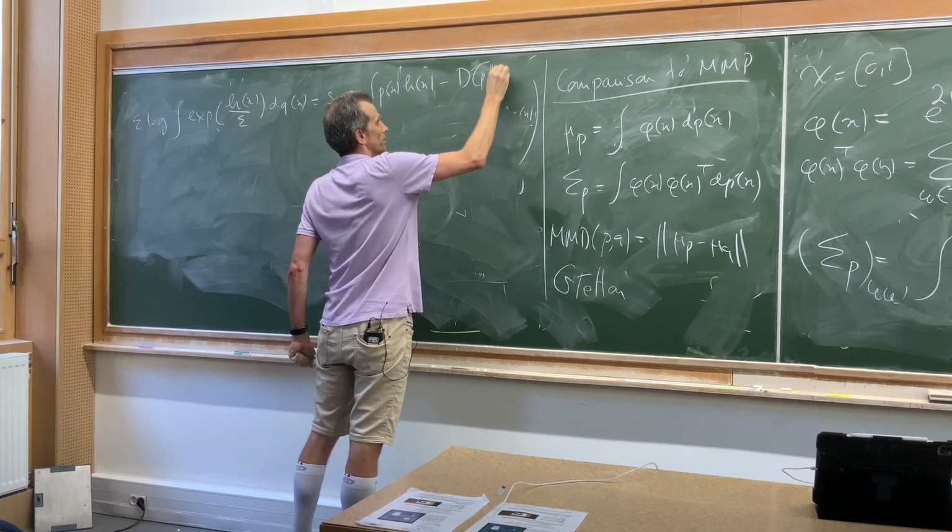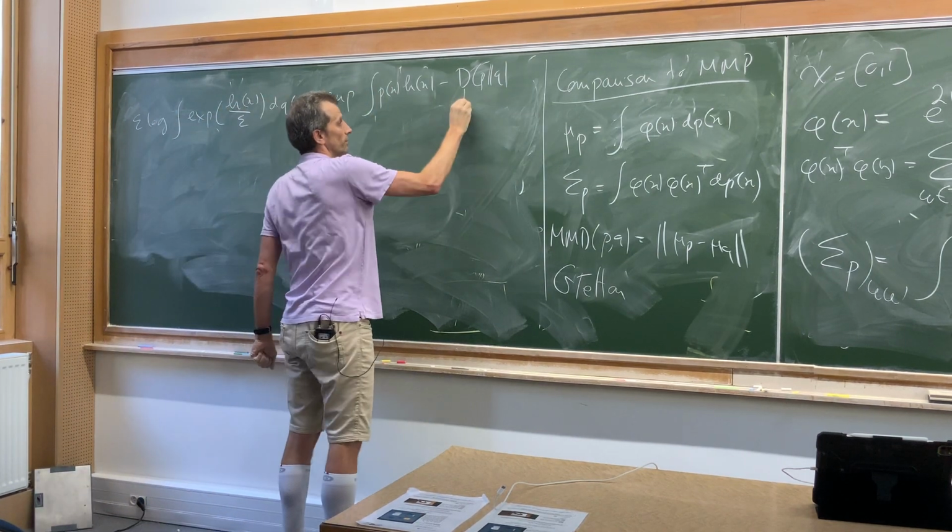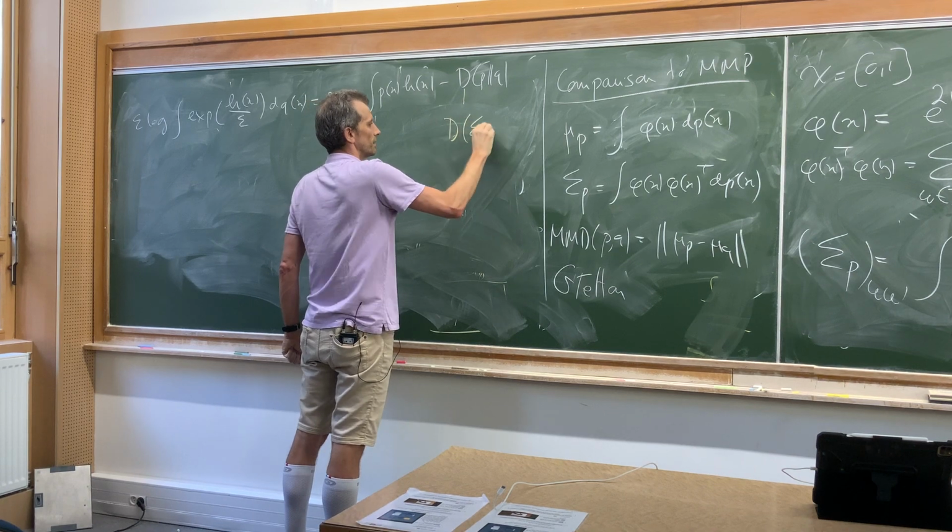This is a relative entropy. So what we're going to do is simply replace this by d sigma p sigma q.